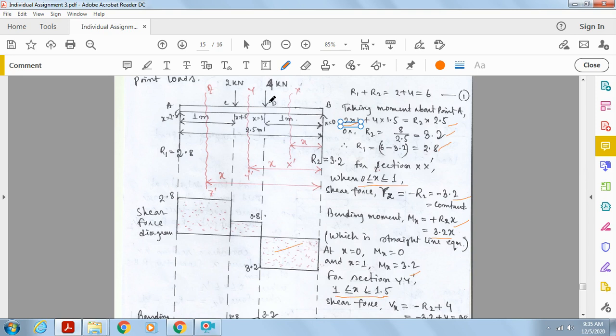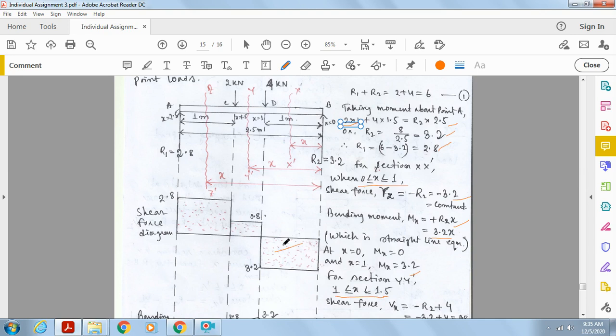But in your PP1 practical course, as per the syllabus, any two numericals from this shear force and bending moment diagram can be solved. I have solved a total of 3 different numericals, so that is sufficient for this PP1 course. No further numerical is required.